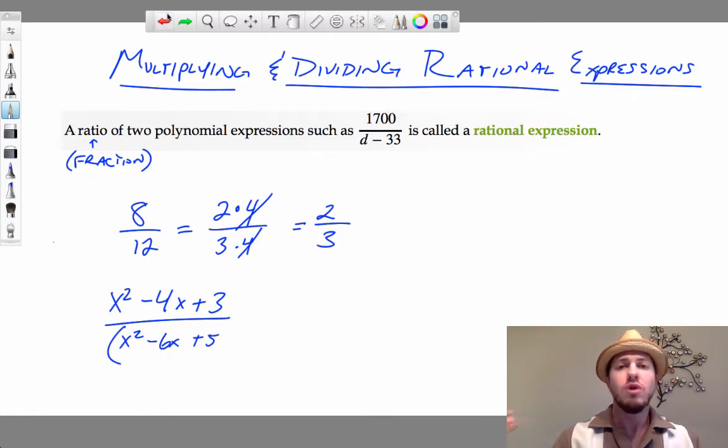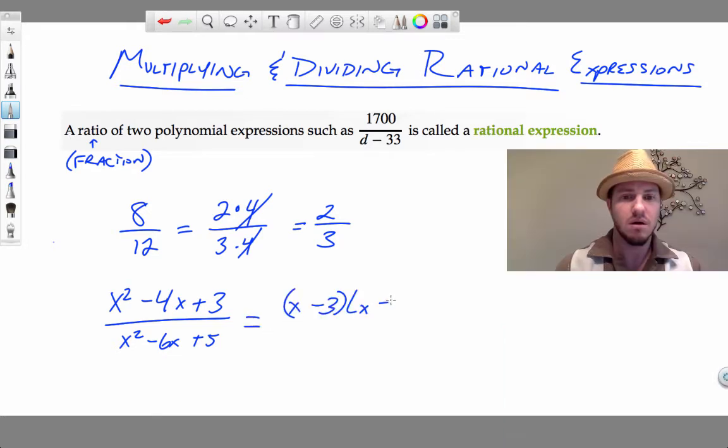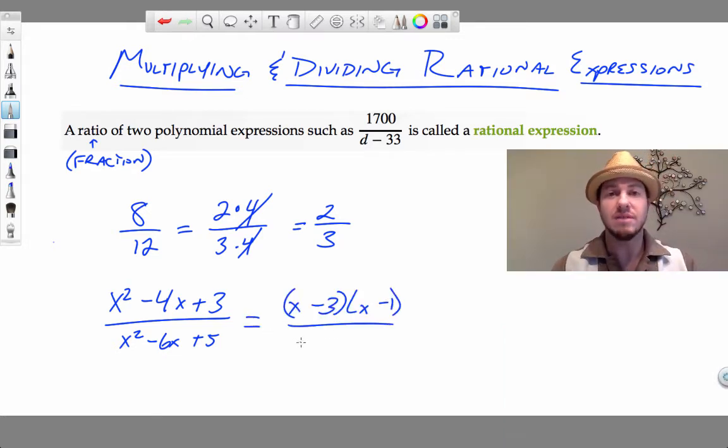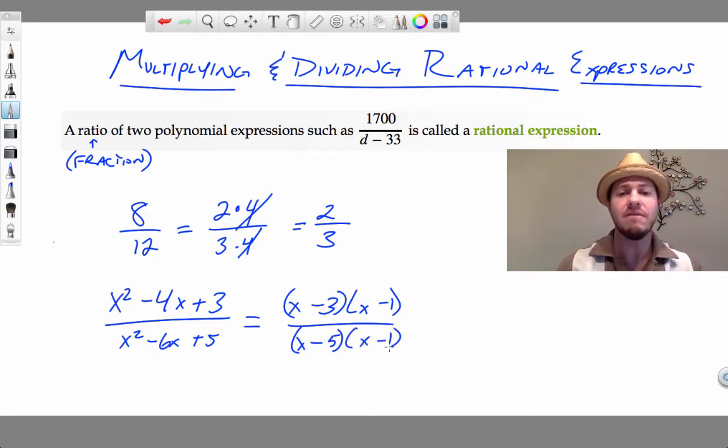So the way we can do it is factor each of them, and the numerator factors into x minus 3 times x minus 1, and the denominator factors into x minus 5 times x minus 1. And they have a common factor of x minus 1.